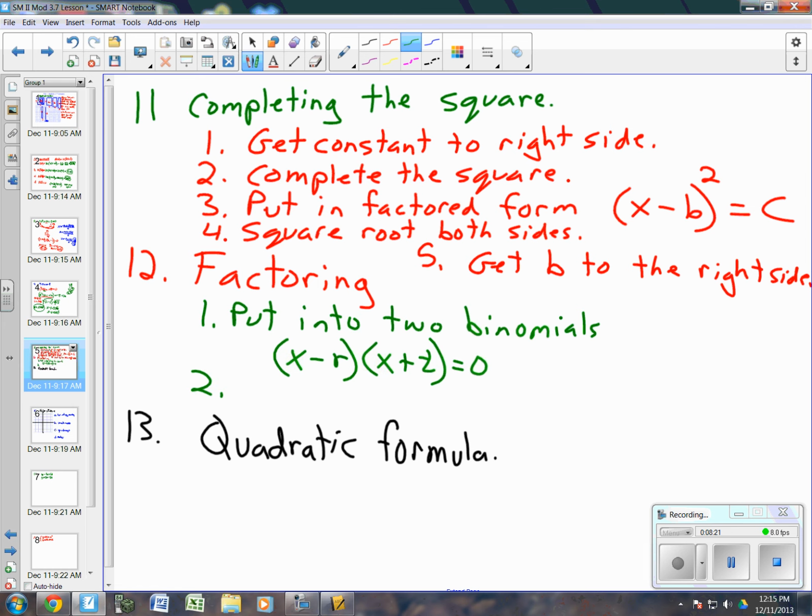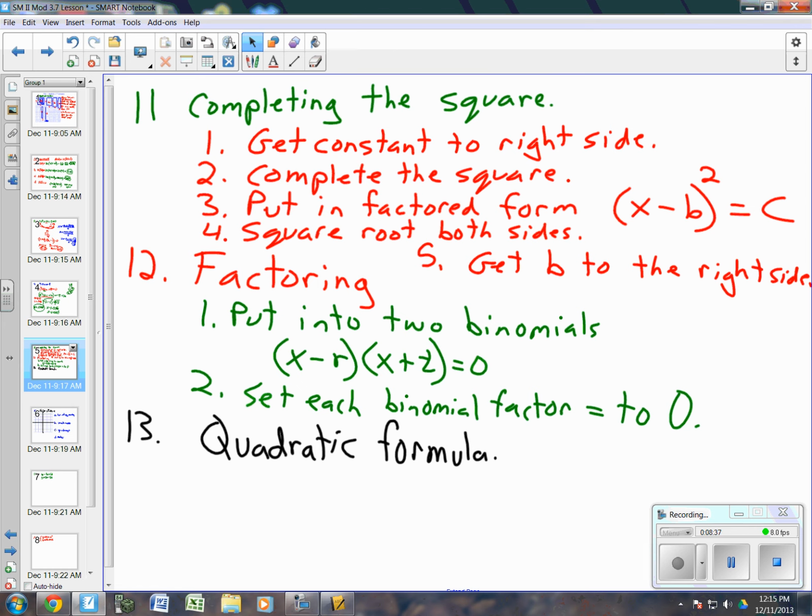In step 2, set each binomial factor equal to 0, and solve. Step 3, solve for x.